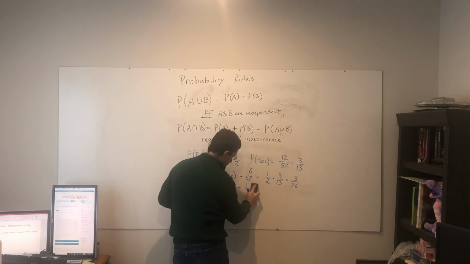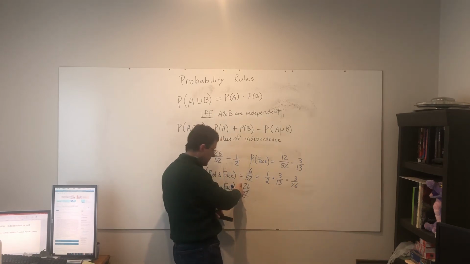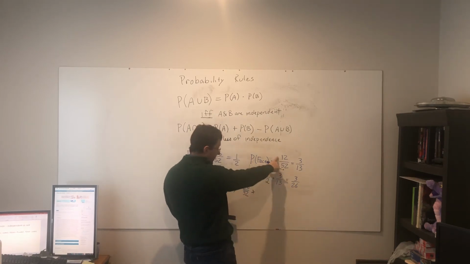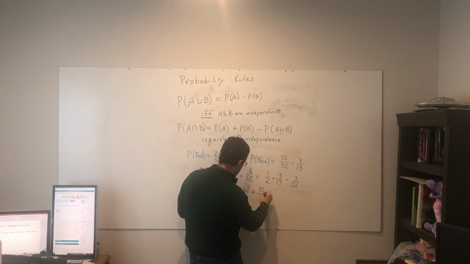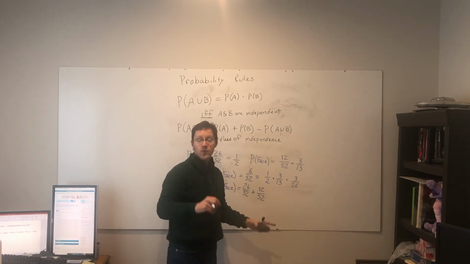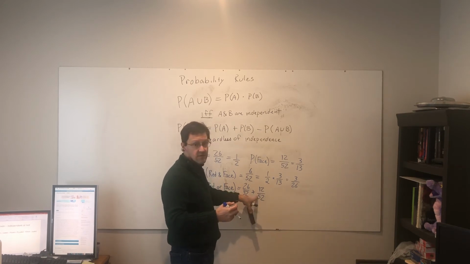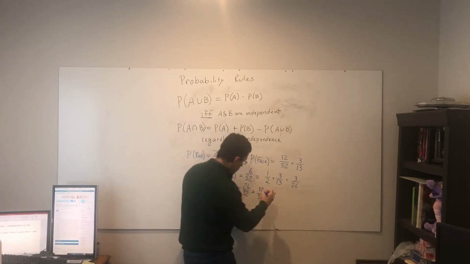I'll use the unreduced here. To begin with, there are 26 red cards. Add in the 12 face cards. But, for example, the Queen of Hearts is red and is face. So if I'm counting up, I now have counted it both times. And that's true for any red face card.